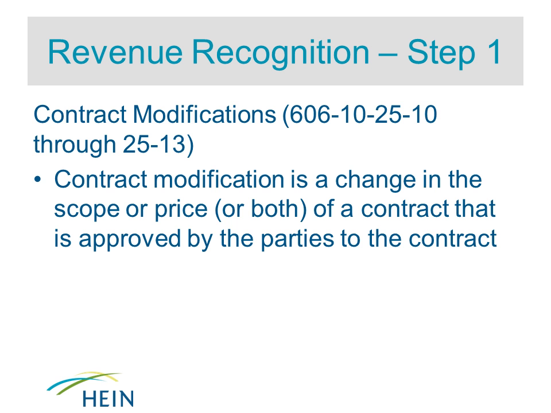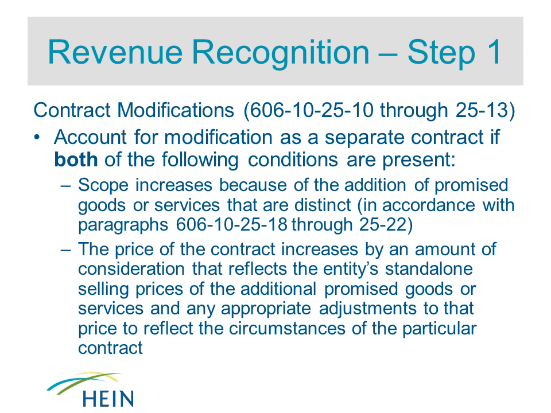Let's quickly talk about contract modifications, and then I think we're going to jump into a few examples of step one. So contract modifications: this is a change in the scope or price or both of a contract that is approved by both parties to the contract. So the question is, how would you account for a contract modification? A modification can be accounted for as a separate contract if both of the following conditions are present.